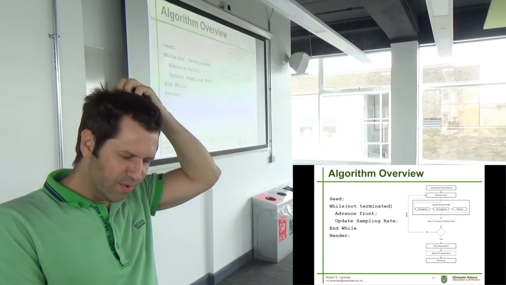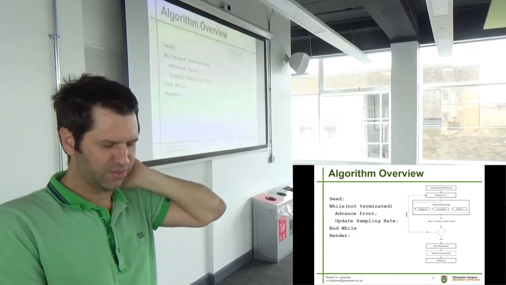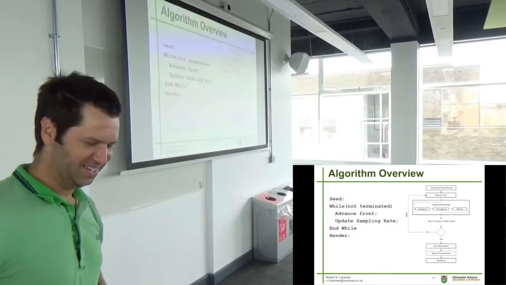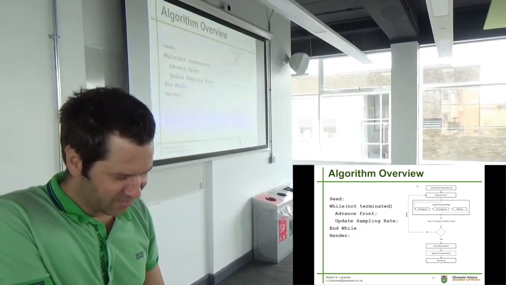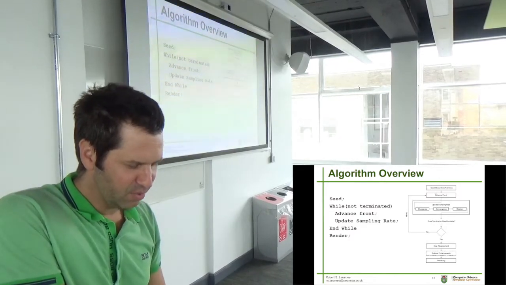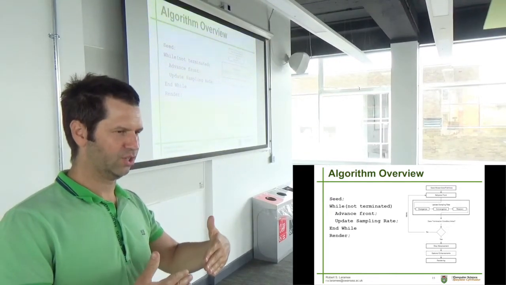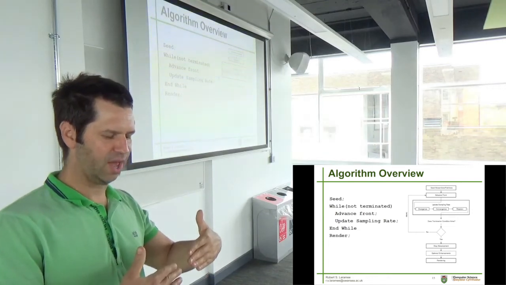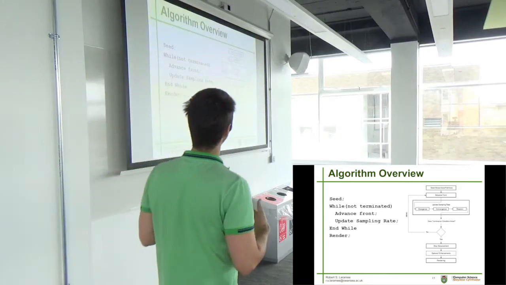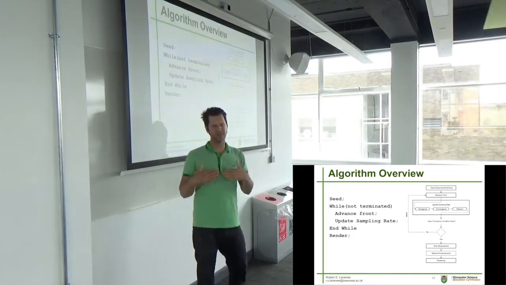So here is an overview of the algorithm. You could call it the stream surface construction pipeline. It starts with seeding streamlines. Then we integrate, so we have a curve that we start with. We integrate streamlines along the curve a little bit, one integration step, as we saw in our numerical integration lecture. Then we perform some tests.